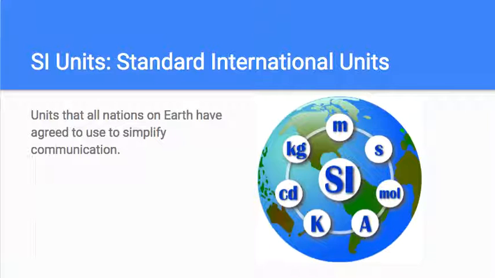Okay, so the units that we generally think of as being the metric units, there's quite a few of them actually, but the ones that are really important are known as our International Standard Units or Standard International Units or SI units. And there are 6 of those, and those are right here.